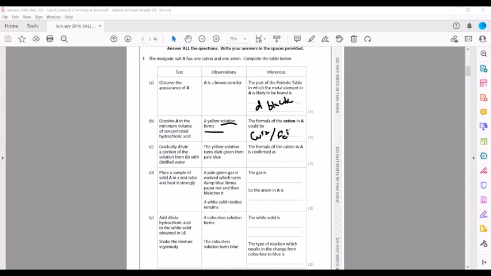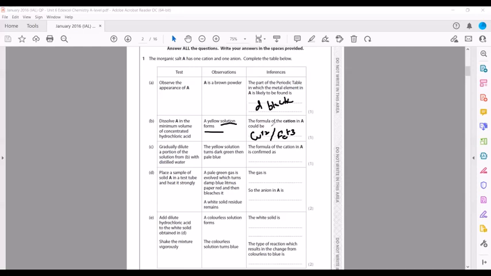So either copper 2 is there or iron 3, because iron 3 chloride solutions are yellow, and copper 2 chloride solutions are also yellow. Copper 2 sulfate is blue, but copper 2 chloride is yellow. Then gradually dilute a portion of the solution with distilled water. So we are adding water. The yellow solution turned dark green and then it turned pale blue.